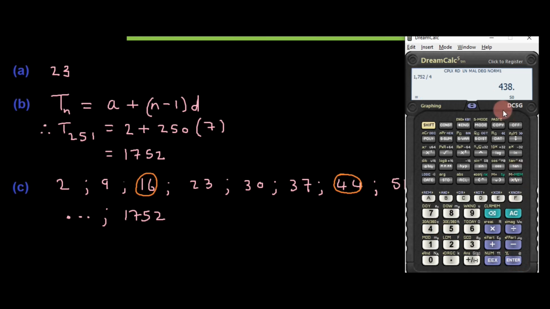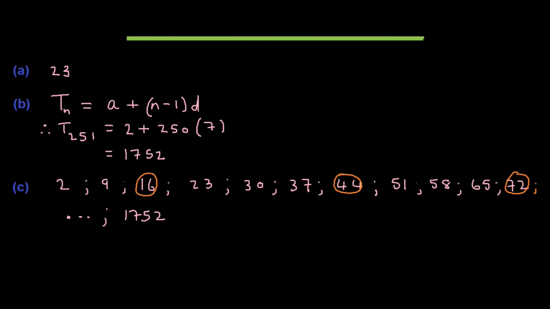We get an integral answer, so it is divisible by 4. So we now have a new AP of terms divisible by 4. The first term being 16, the second term being 44, the third term being 72, and the last term will be 1752.